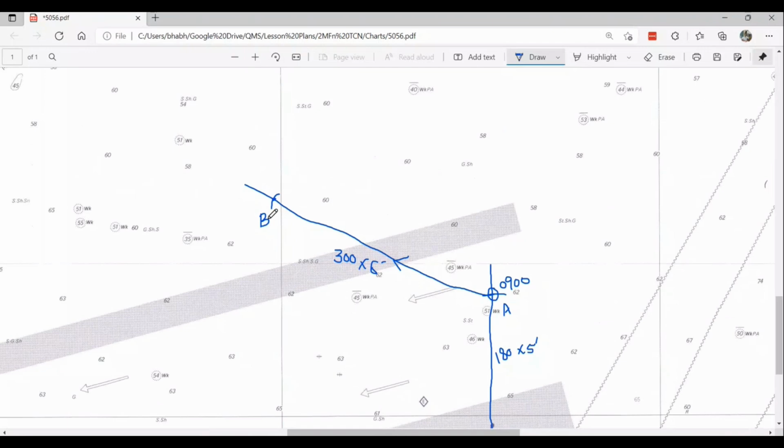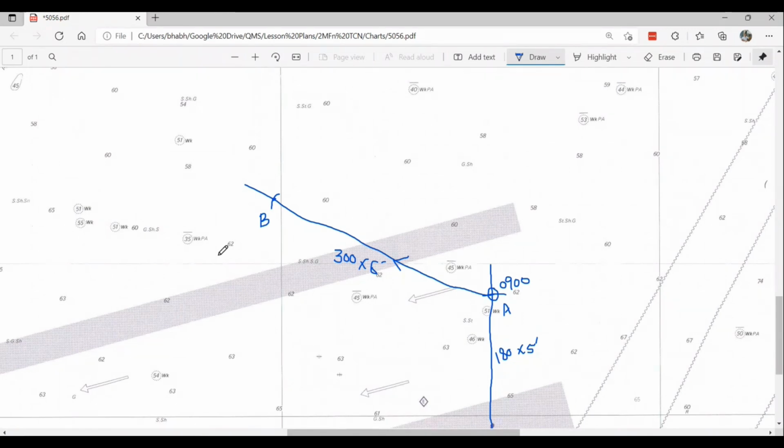Okay. Now they say at 9:30 hours, the vessel altered course to starboard and the speed is reduced to 10 knots and maintained the same speed throughout thereafter. So from 9:30 to 10:30, we don't know what course we are steering. 9:30 to 10:30 is unknown.